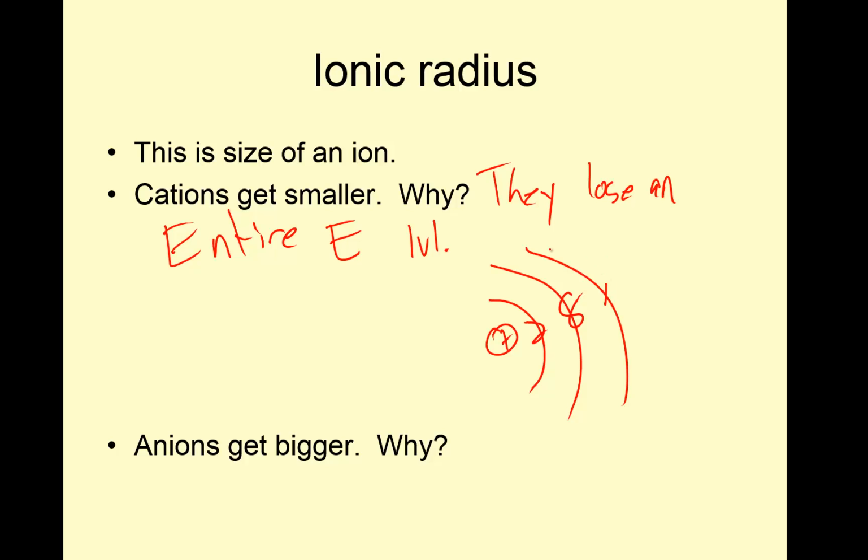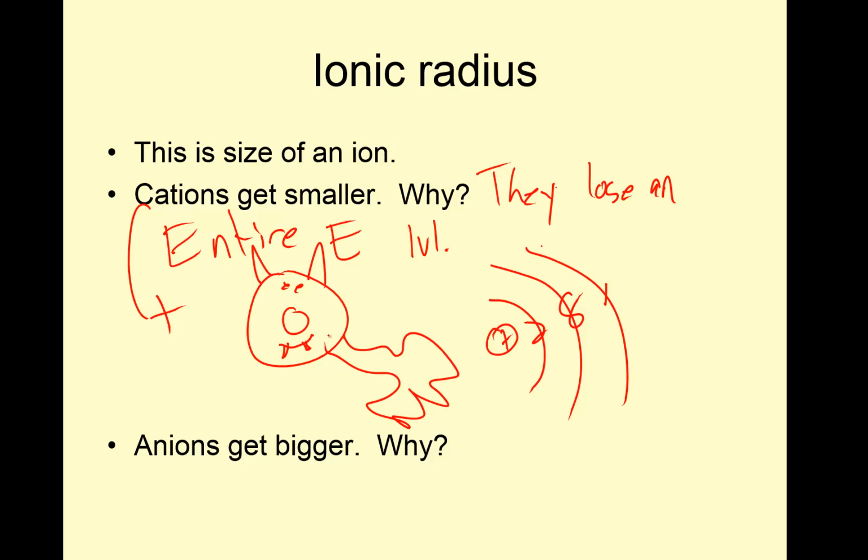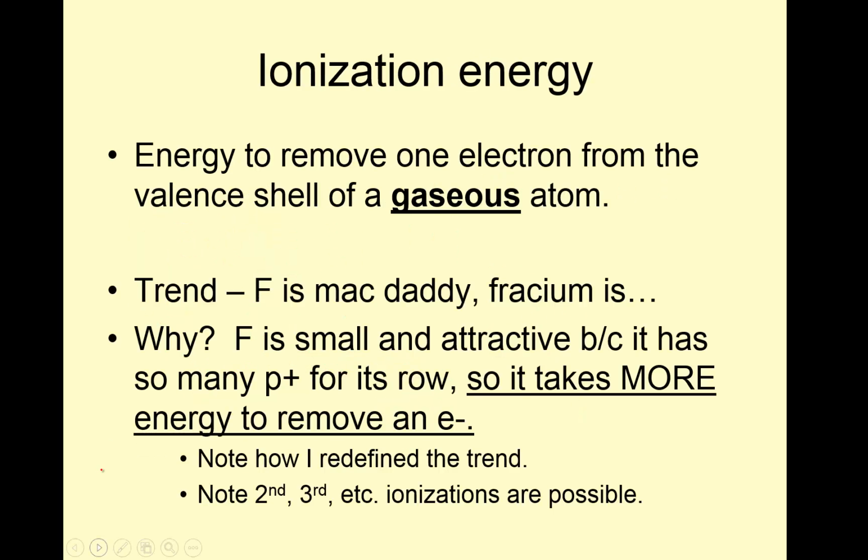If I lose this 1 electron, because cations are positive, I lose an entire energy level. I remember cations are positive because of a little cat, with paws. So if you lose this 1 electron, you get smaller, and thus you're more attractive. That's why they get smaller.